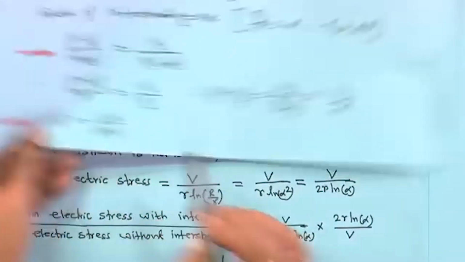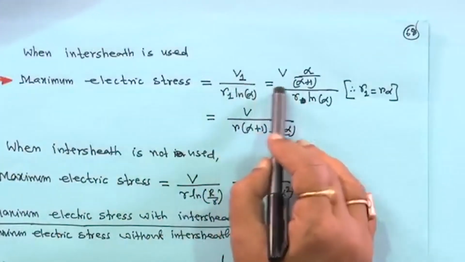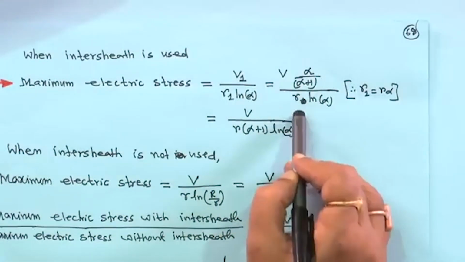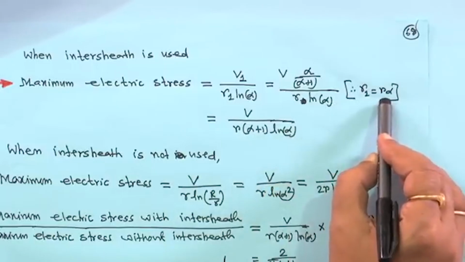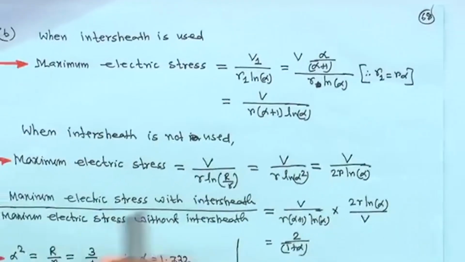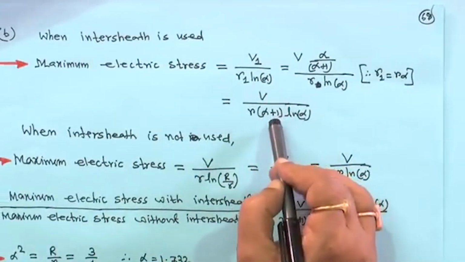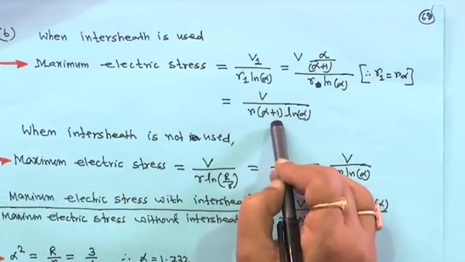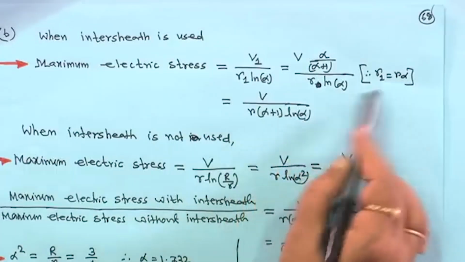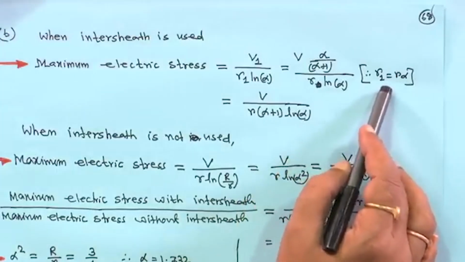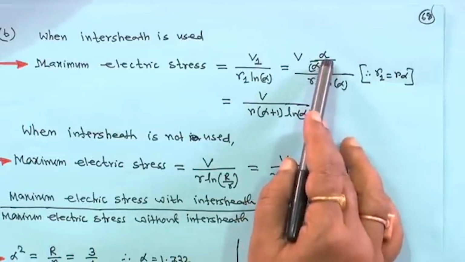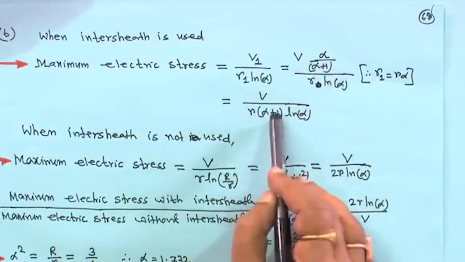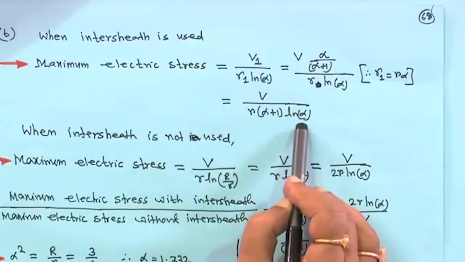So, this V1 you substitute here, that is V into alpha upon alpha plus 1, then R ln alpha, and we know that R1 is equal to R alpha, we can get V upon R, in bracket alpha plus 1, then ln alpha. You simplify, use this condition R1 is equal to R alpha, and then alpha will be cancelled, and it will be V upon R into alpha plus 1 ln alpha.